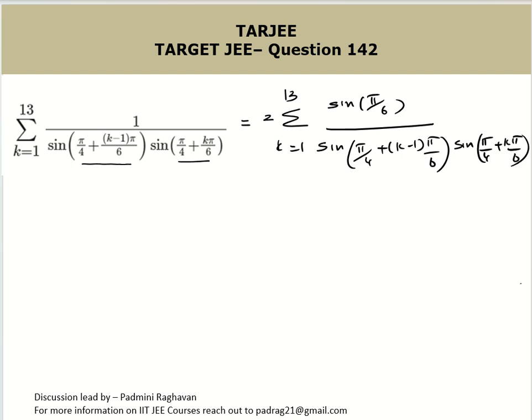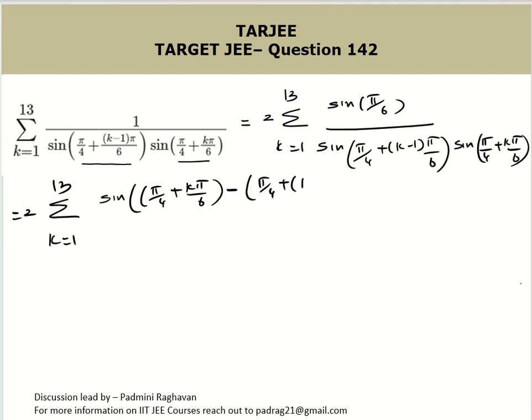Now let's express that sine of pi by 6 on top as sine of the bigger angle minus smaller angle. Sine of pi by 4 plus k pi by 6 minus pi by 4 plus k minus 1 times pi by 6.